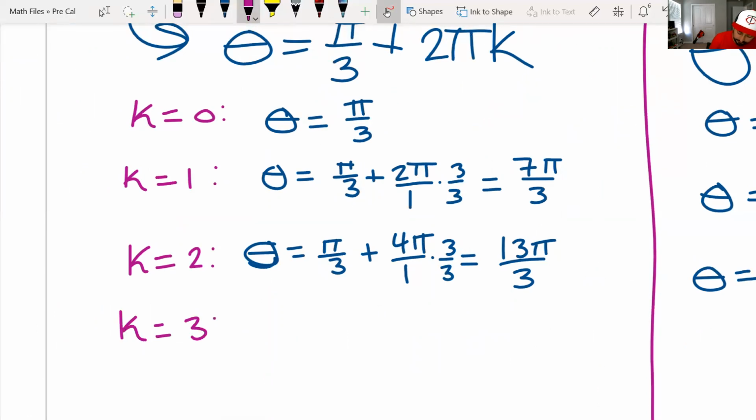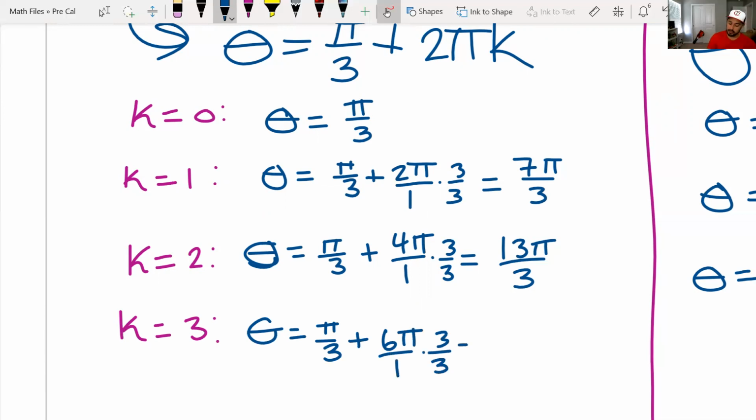K equals 3. Theta equals pi over 3 plus 6 pi. Put that over 1. Common denominator of 3. Pi over 3 plus 18 pi over 3. 19 pi over 3.